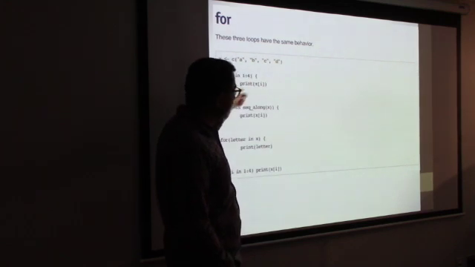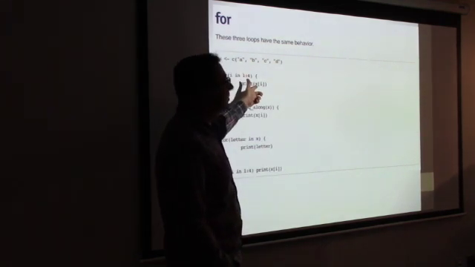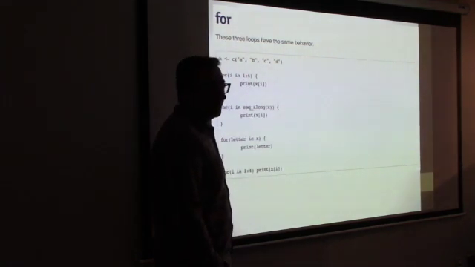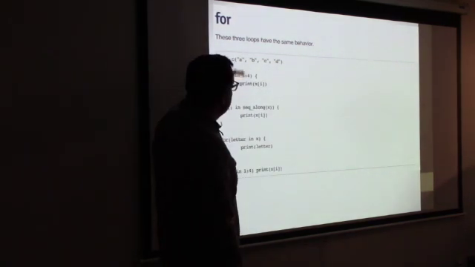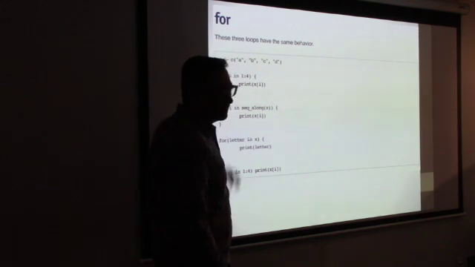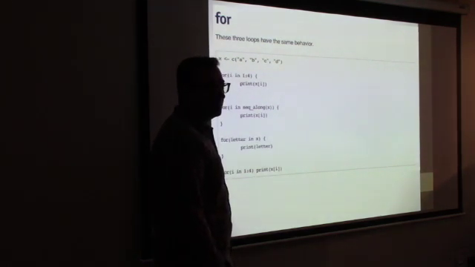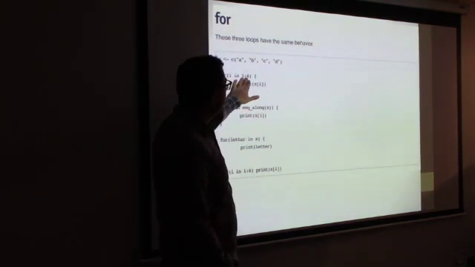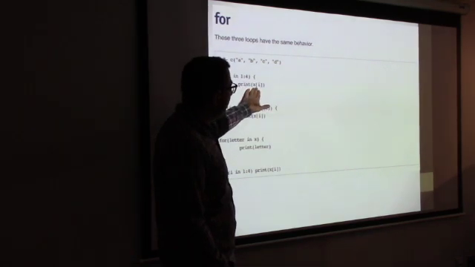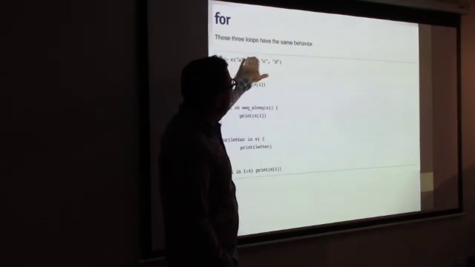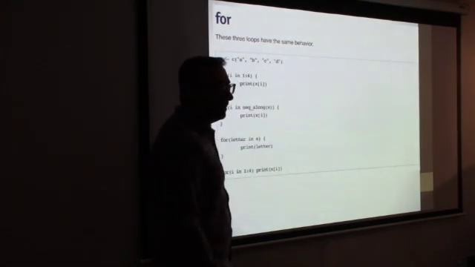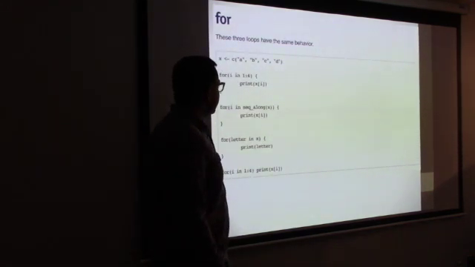In the next iteration, I is going to be 2, printing x of 2. So it'll be printing A, B, C, and D in that order. Does that make sense? You're changing the value of I from 1 to 4, and you're printing the x value at 1, 2, 3, or 4. So that's just a simple thing.